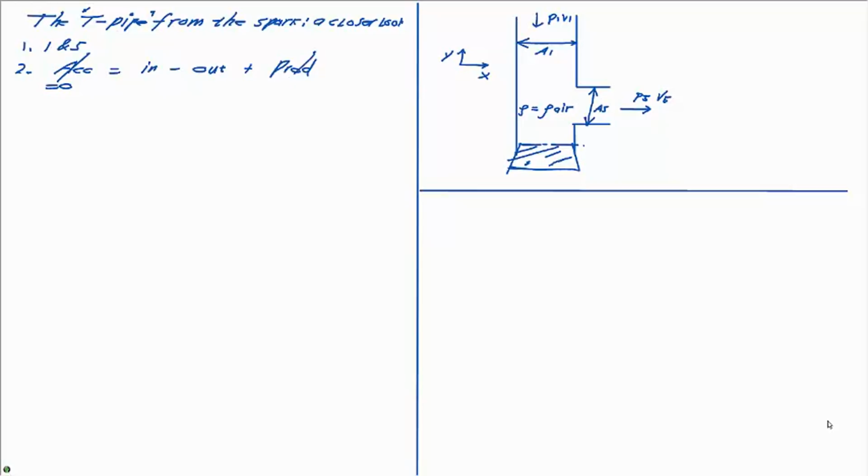Also, there is no production of mass within the control volume. The inflow we can write as phi m in and the outflow as phi m out. From this we can see that the inflow of mass is equal to the outflow of mass, so we can write this shortly as phi m.